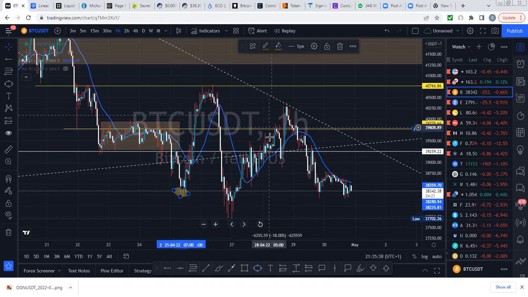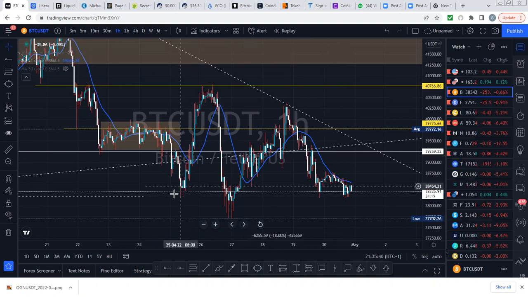I will know that the sellers are weak. And the sellers can no longer control this market. On seeing this weak rejection here, I will enter my trades immediately. On seeing this first weak rejection, second weak rejection, I will make my entry immediately.